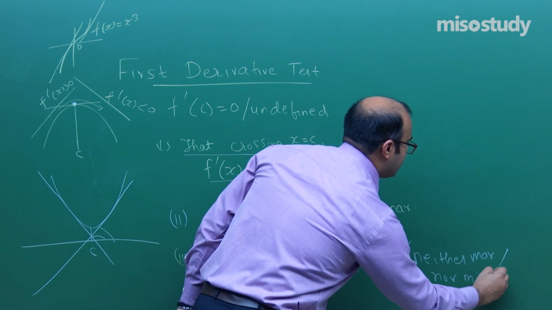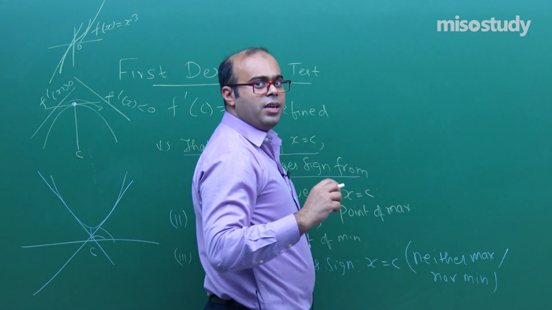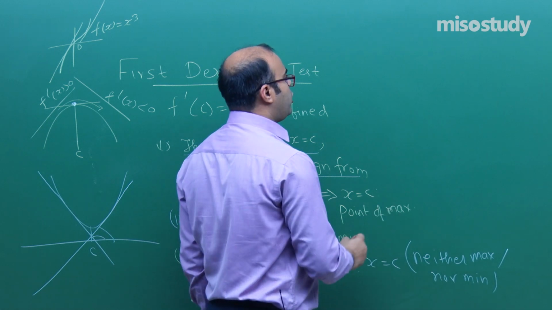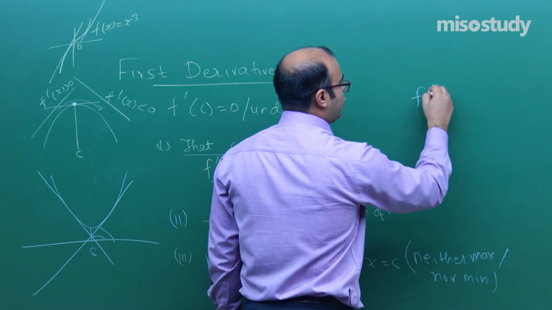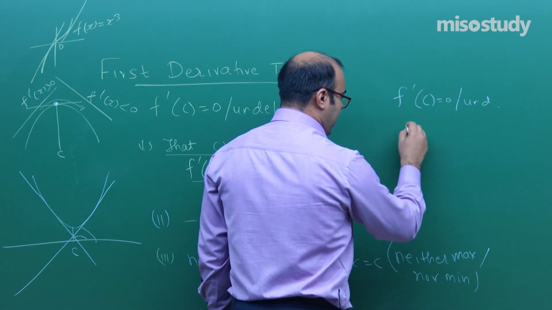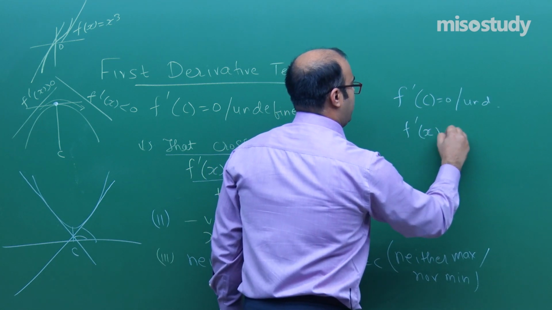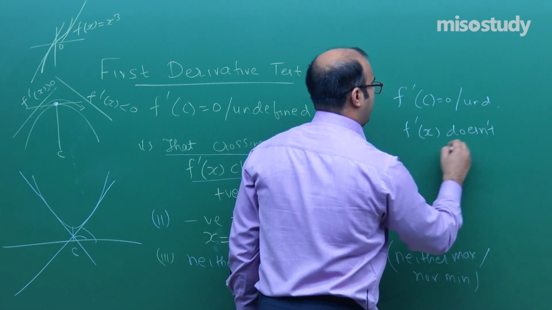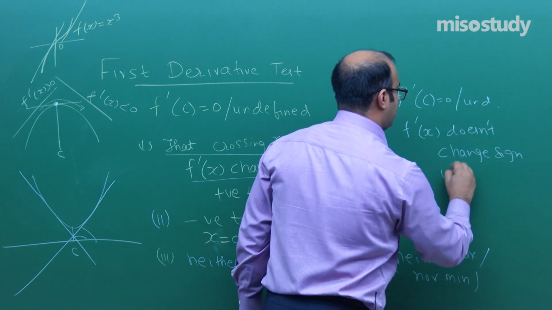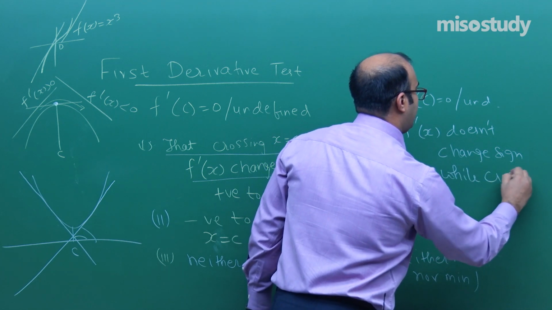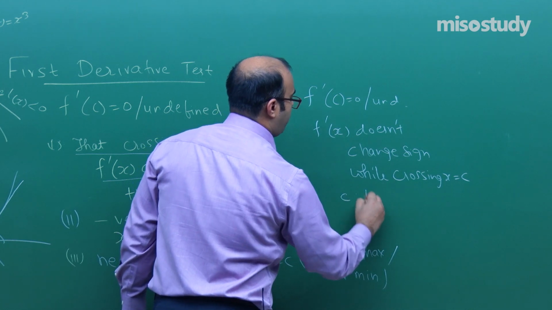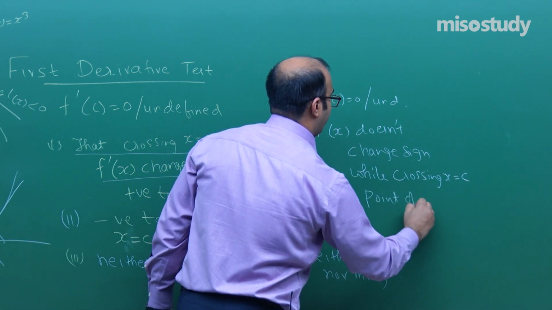Such points are given some name, and it has a very important significance if we study a little advanced. I am not going into that. So, if f dash of c is equal to 0 or undefined, and the f dash x does not change sign, this is the third point, while crossing x is equal to c, then in that case we call this x is equal to c as the point of inflection.